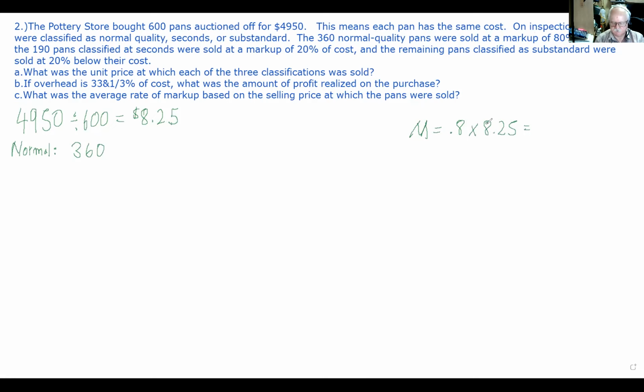0.8 times 8.25. So they were sold at a markup of $6.60. So their selling price would have been 8.25 plus 6.60. So plus 8.25.